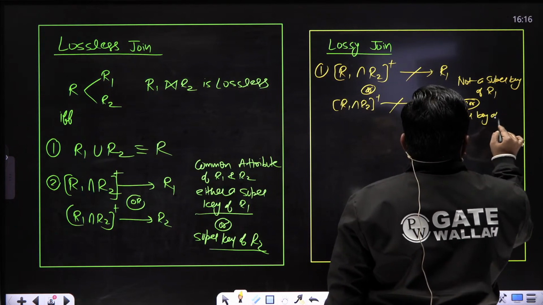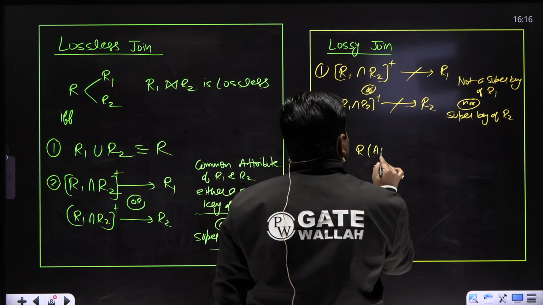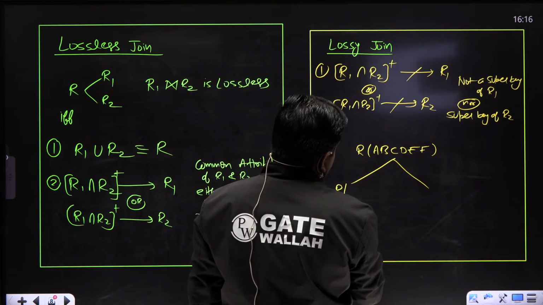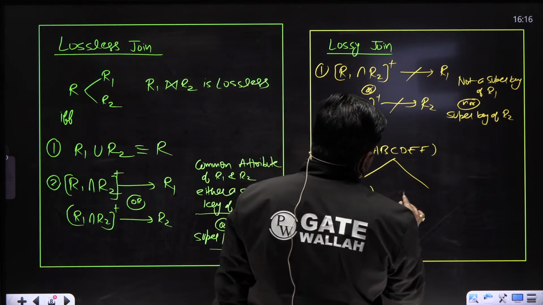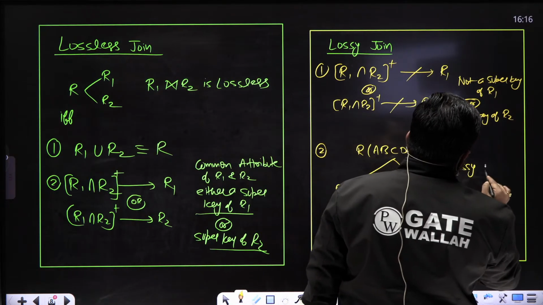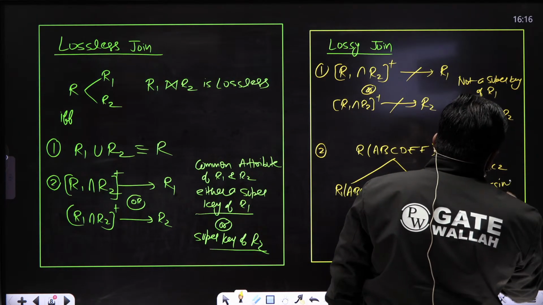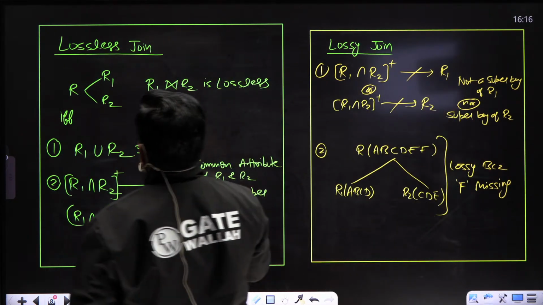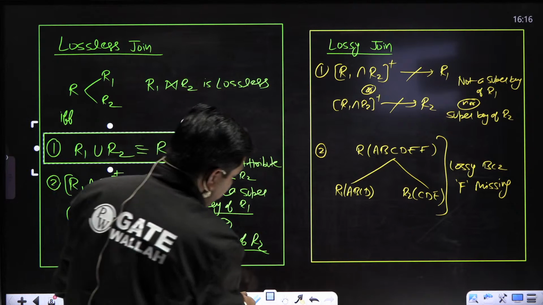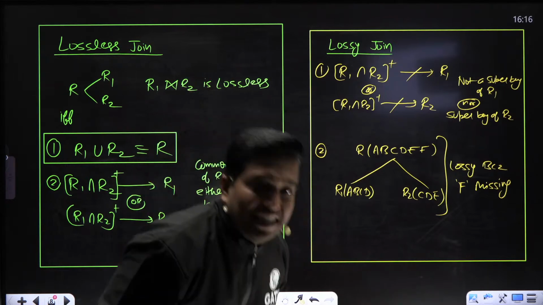Second point: if you decompose a relation A, B, C, D, E, F such that R1 is A, B, C, D and R2 is C, D, E, that is also lossy. Why? Because attribute F is missing. When you take the union, you are not getting F, my dear.